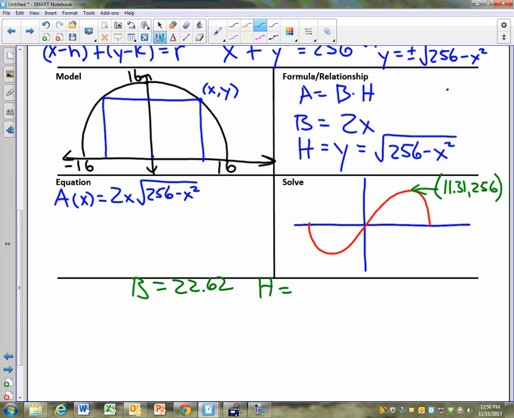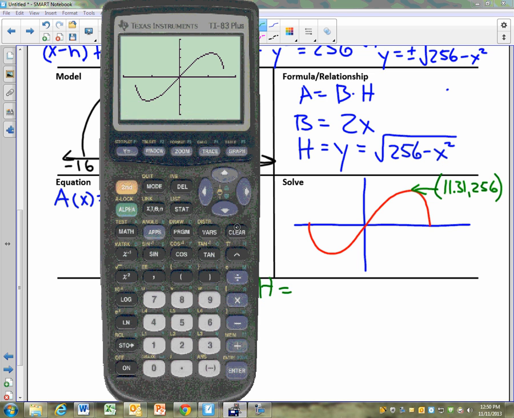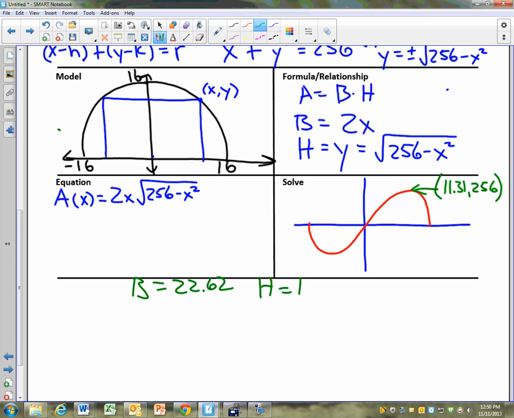And the height is going to be equal to, I have to take that 11.31 and plug it in. And I get 11.31. Done and done.